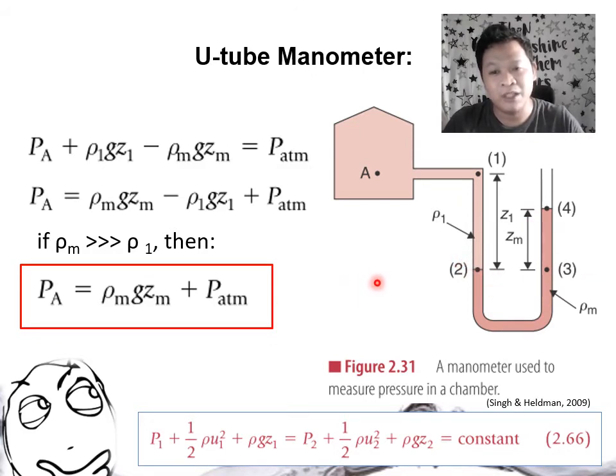But of course, we could assume that itong points 2 and 3 parang equal pressure yan. So therefore, yung pressure at this point is equal to the pressure contributed by this. And the pressure at this point is equal to yung pressure ng height ng column ng mercury and then the atmospheric pressure. Equal yun lahat sa pressure at A.